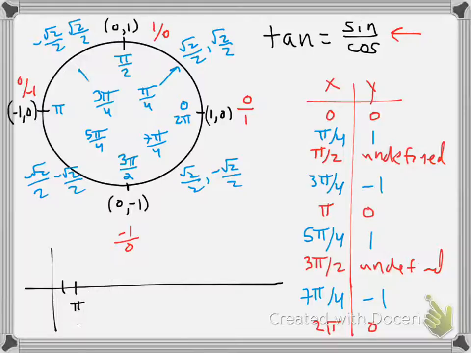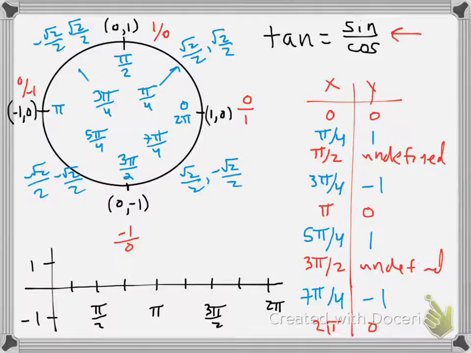Let me space that out a little bit more. Pi, and directly in the middle 3 pi over 2. So now we'll plot my points at 1 and -1.